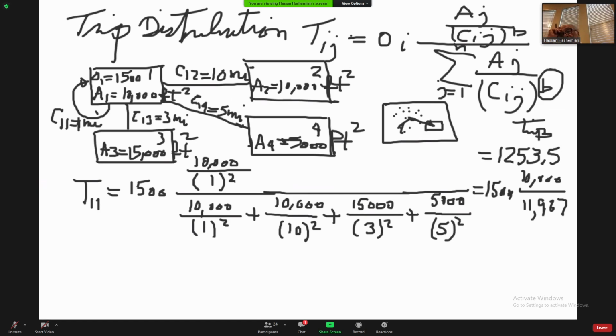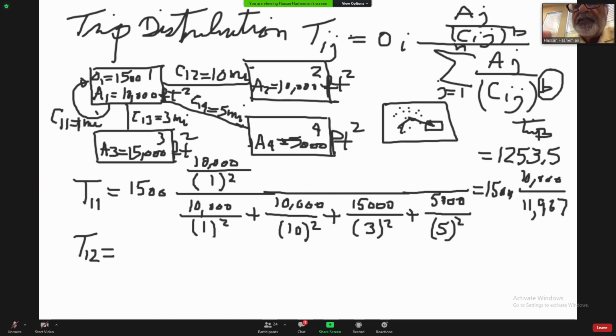Okay, so which means that out of 1,500 shoppers, 1,253 or 1,254 of them are going to the first shopping center, which is only 1 mile away. Now we want to know how many go to shopping center 2. So we are looking at T12.